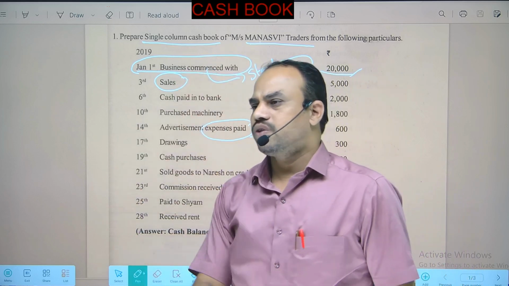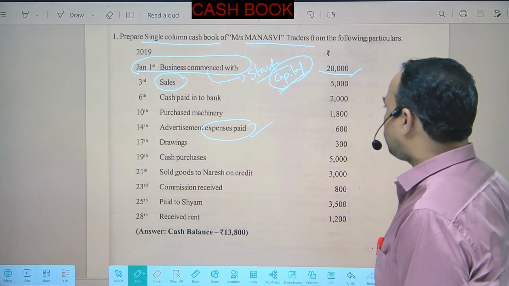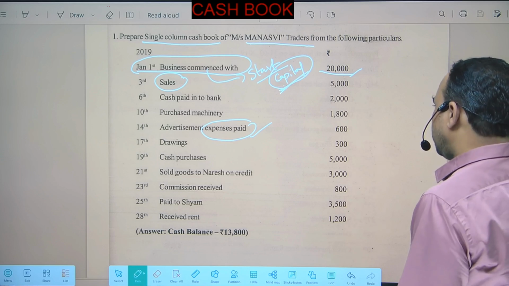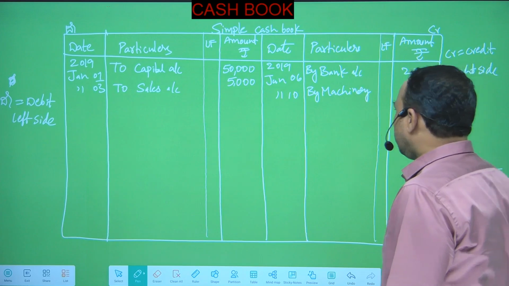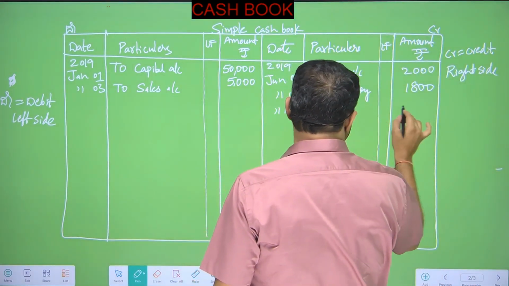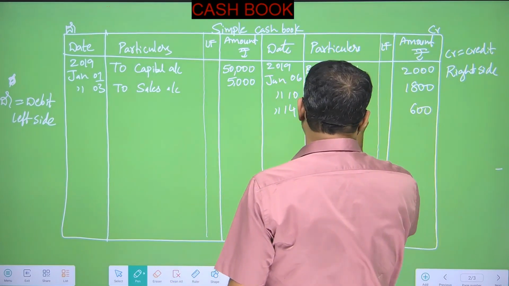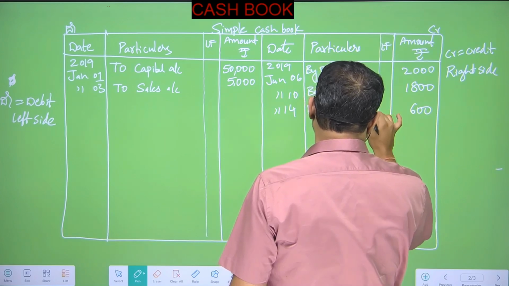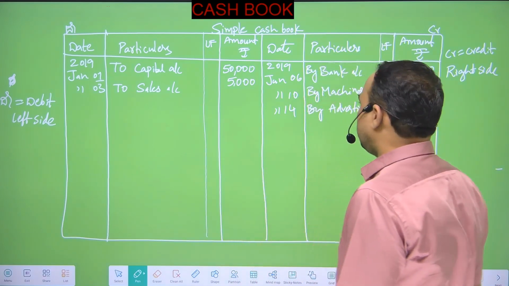When cash is going from the business, on which side do we write cash? Credit side. So advertisement expenses paid, date 14, amount 600, by advertisement. Why did we pay cash? Because of advertisement. So write down here by advertisement.